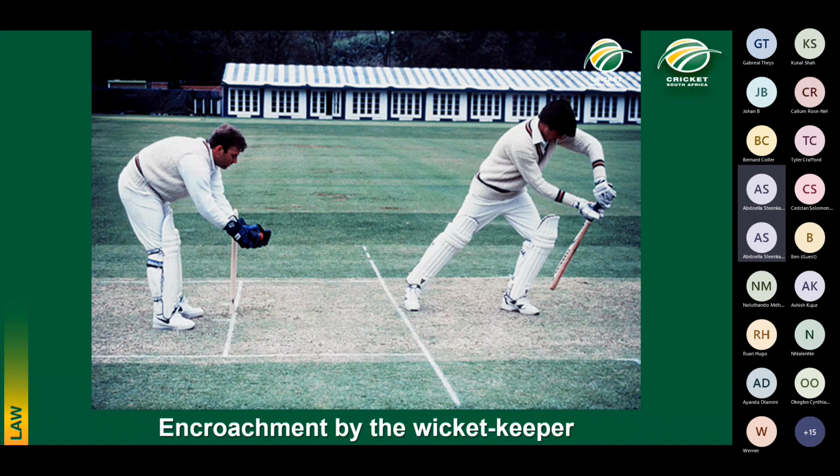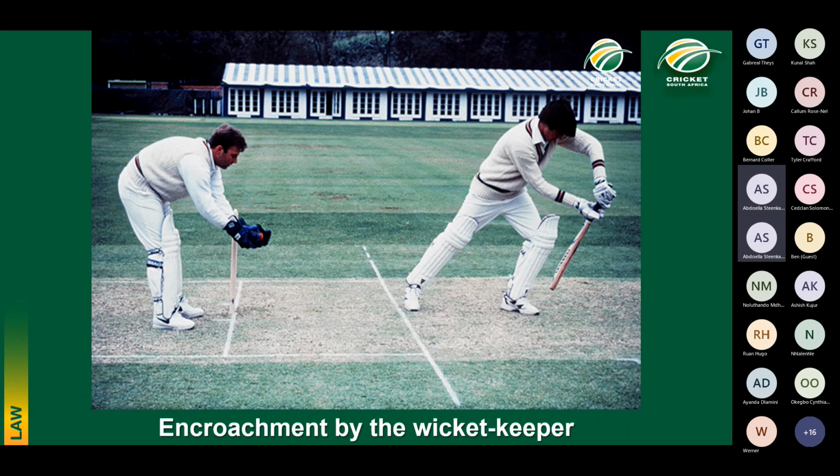In that case, the keeper needs to wait until the ball passes the stumps. And once it passes the stumps, then the keeper can take off the bails to stump the batter. In this case, because the keeper took the ball in front of the stumps, the striker's end umpire needs to call and signal no ball.